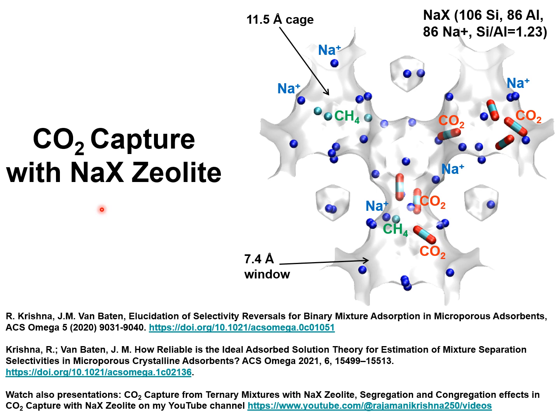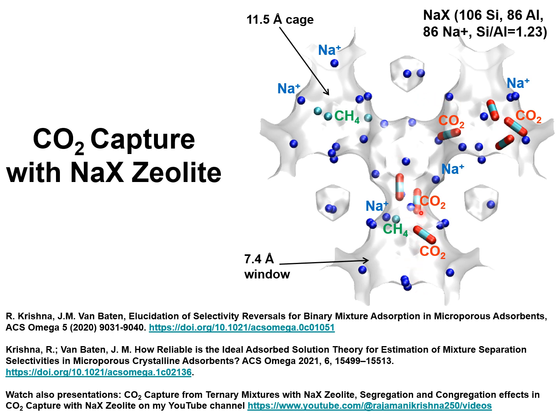CO2 capture with NaX zeolite is subject to strong thermodynamic non-idealities. These non-idealities stem from a non-homogeneous distribution of guest adsorbates, for example CO2 and methane, within the pore landscape of NaX zeolite.